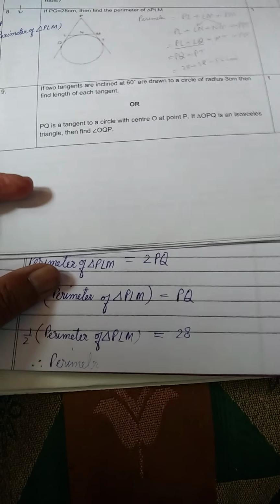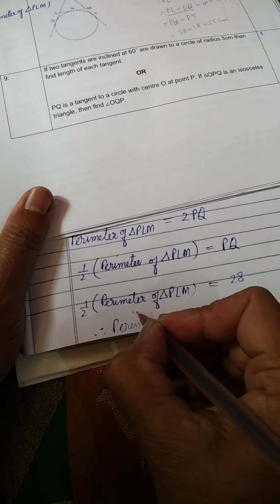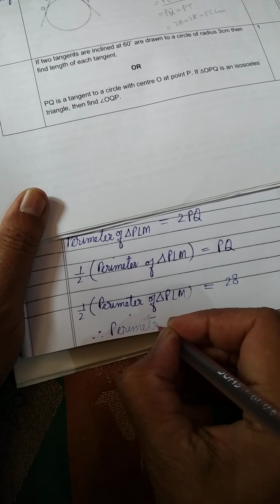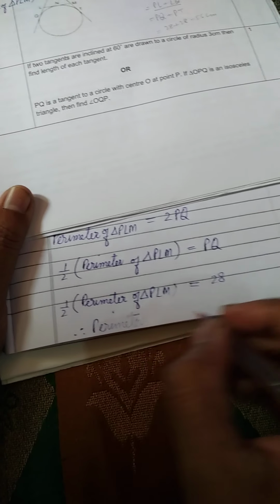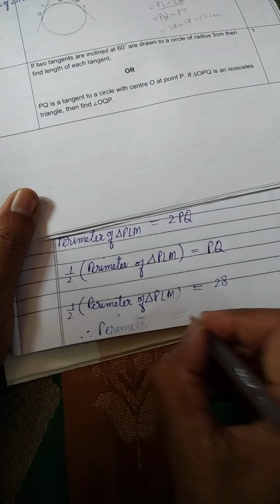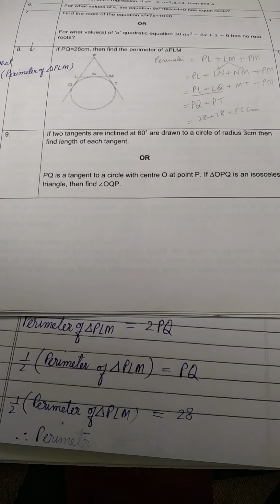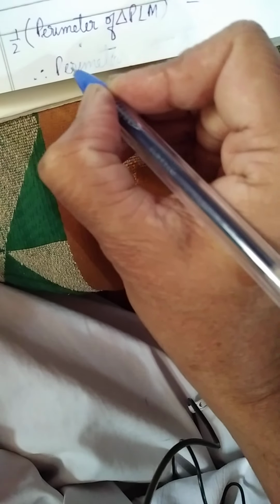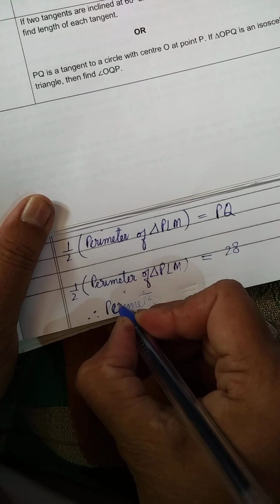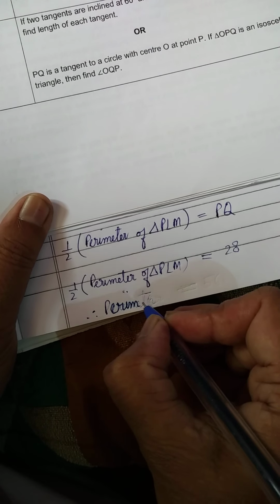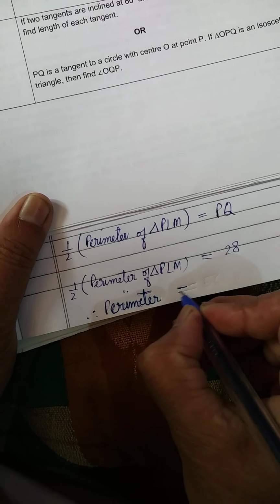Now when you solve it, this 1/2 will go to that side, therefore the perimeter will be equal to 56. Let me write it. Here see students, the perimeter will be equal to this 28 into 1 by 2.